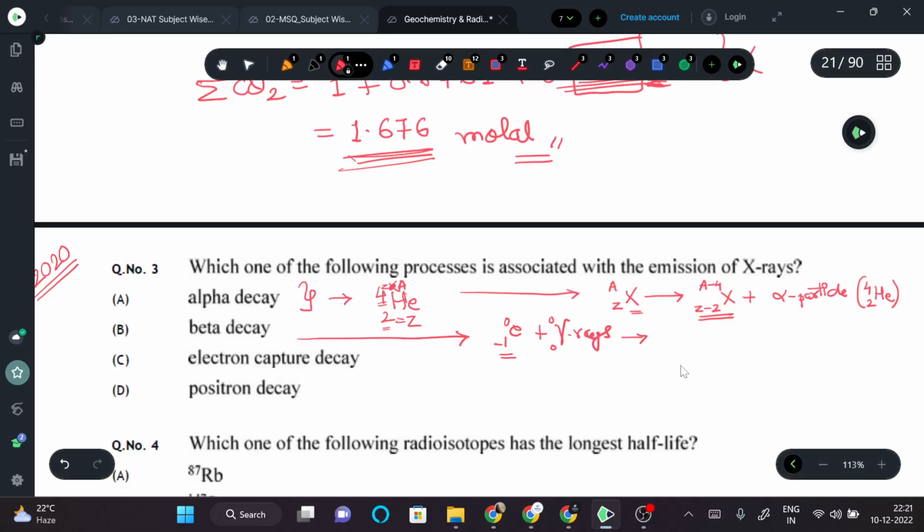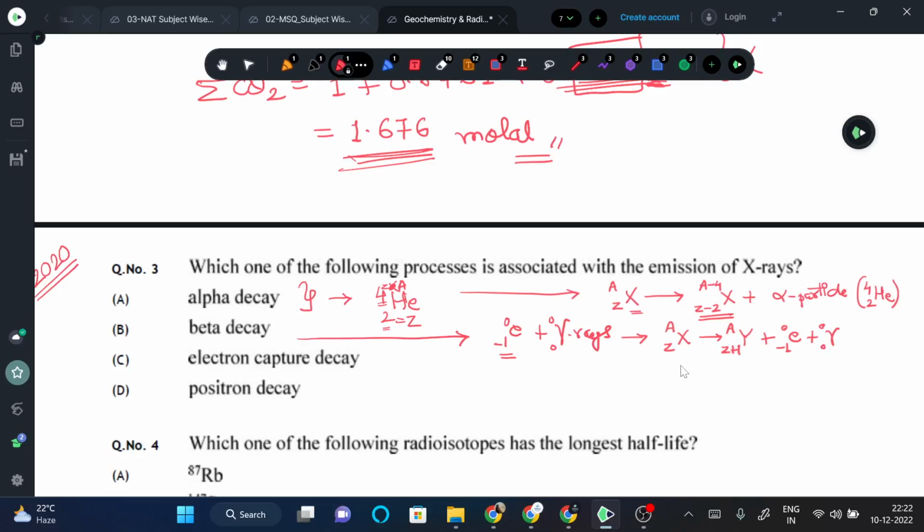Similarly, here in beta decay, we have X, A, Z. It will give you Y. A will remain as it is, Z plus 1. Okay, this is what I was talking about. Because it is releasing one electron and one gamma ray. So gamma is 0 0, electron is 0 minus 1.